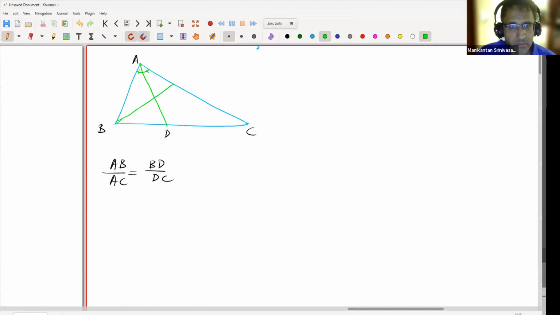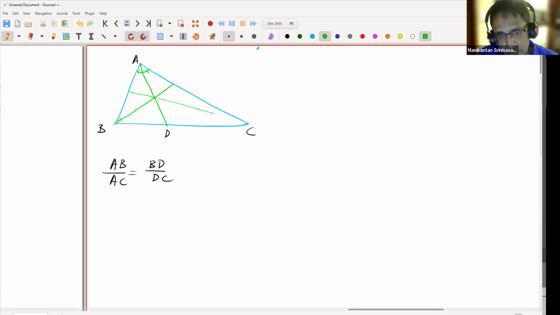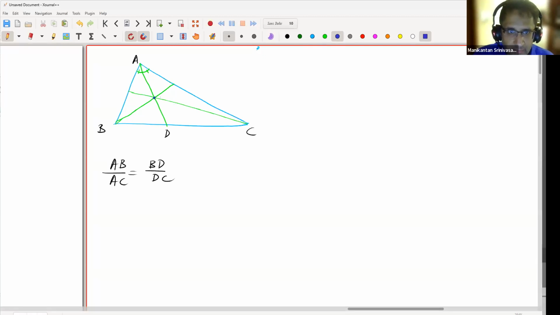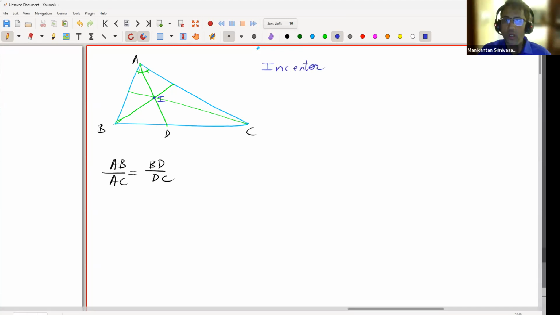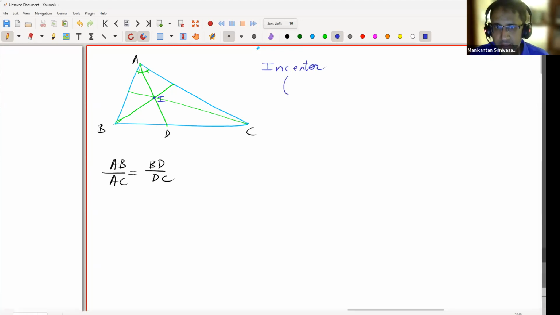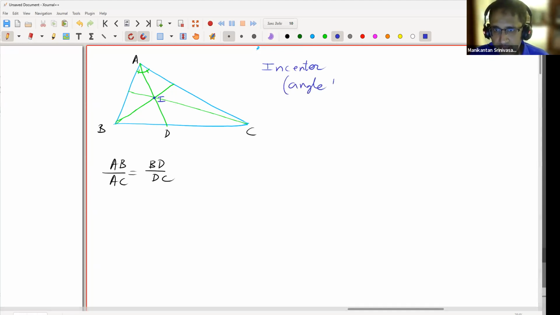I think this is more reasonable. And then the third angle bisector, something like this. Now, this meeting point of the angle bisectors is called the incenter, I.